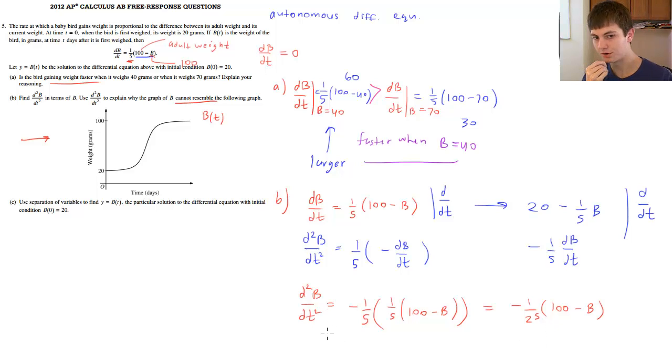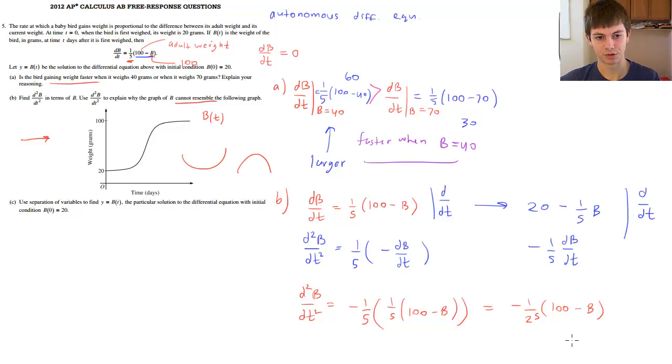Okay, so our second derivative tells us the concavity of the function. If the second derivative of b with respect to time is positive, then the function is concave up, and if it's negative, it's concave down.